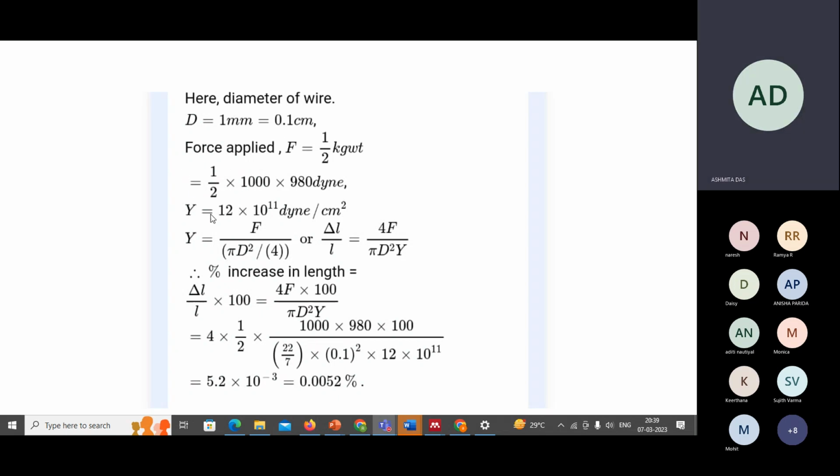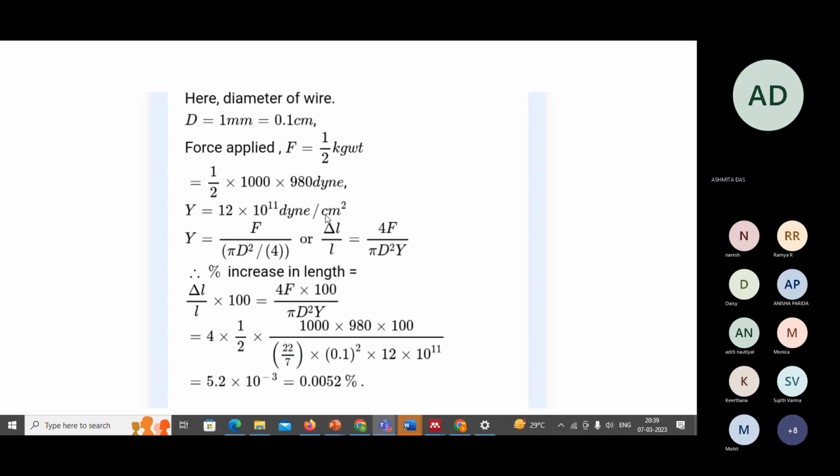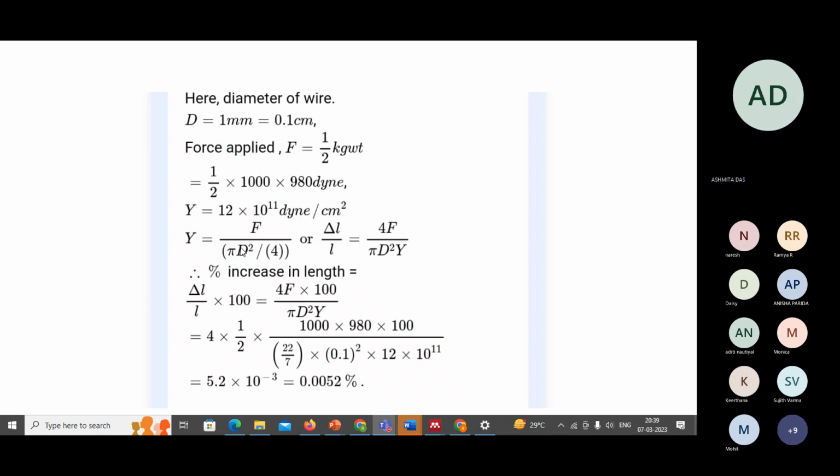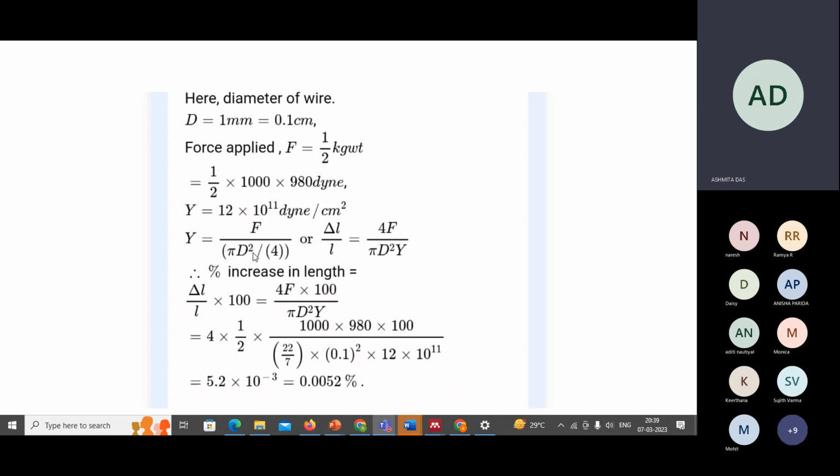Now, as per the question, the Young modulus is given as 12 into 10 to the power 11 dyne per cm square. Young modulus is basically force divided by area. There are several types of modulus, such as tensile modulus and Young modulus.